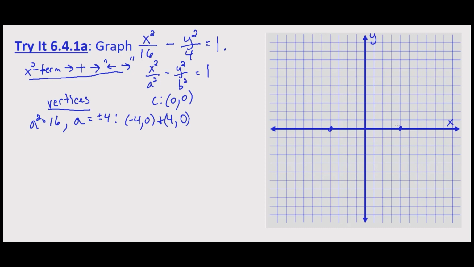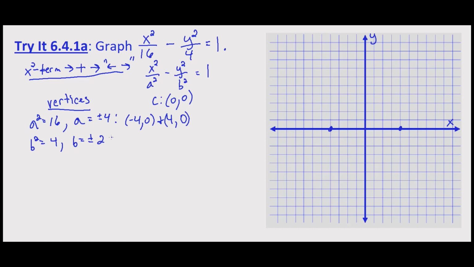Now, what do we need to do? Well, we know that b squared equals 4, so b equals plus or minus 2. That's not where the hyperbola itself is going to be, but it makes this box that's going to determine where our asymptotes are.